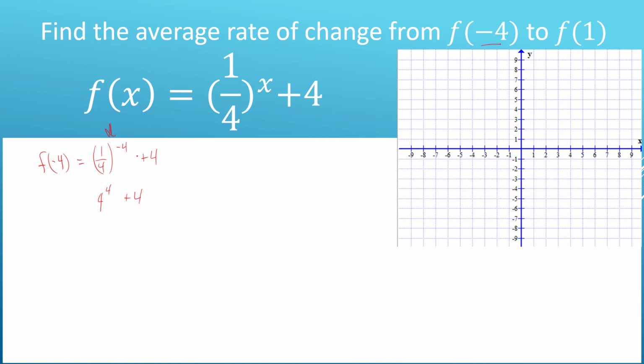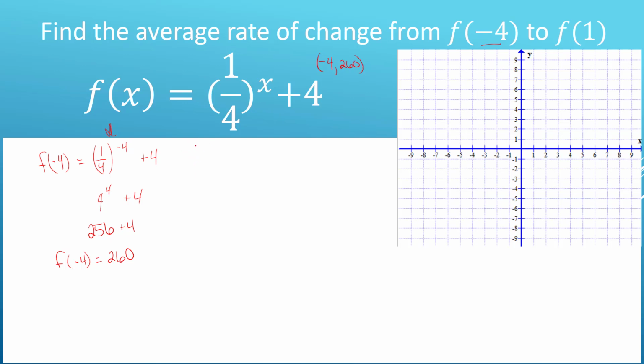So we simply need to know what 4 to the 4th power is. 4 to the 4th power is 256 plus 4. So f of -4 is equal to 260. I could certainly label my ordered pair as negative 4, 260. All right, that's one ordered pair.